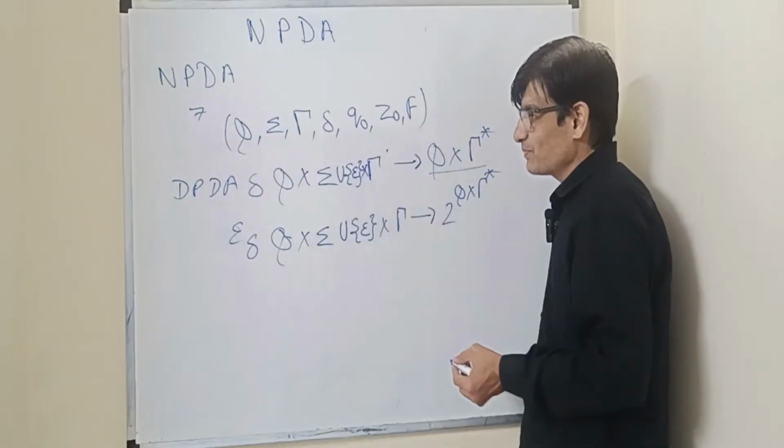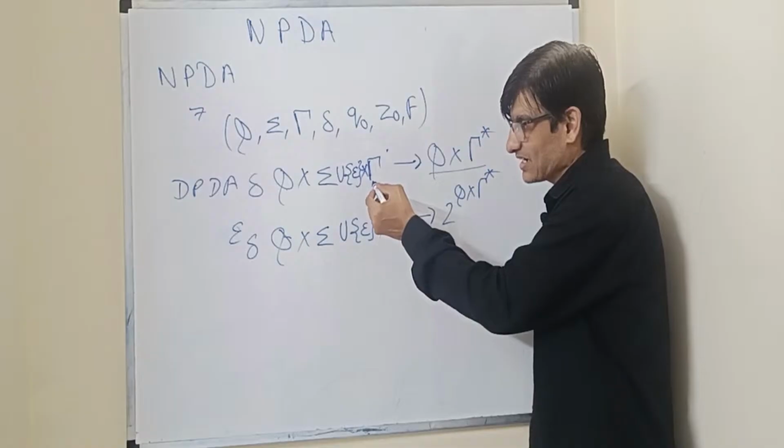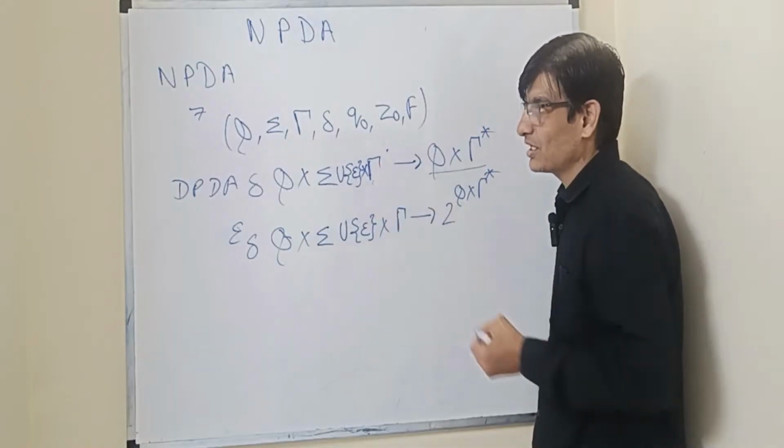So this is the difference between the transition function of DPDA, deterministic PDA, and NPDA, non-deterministic PDA.